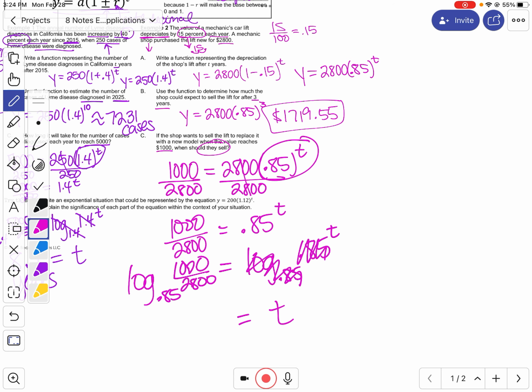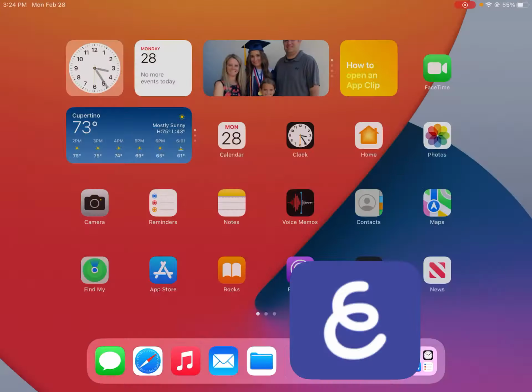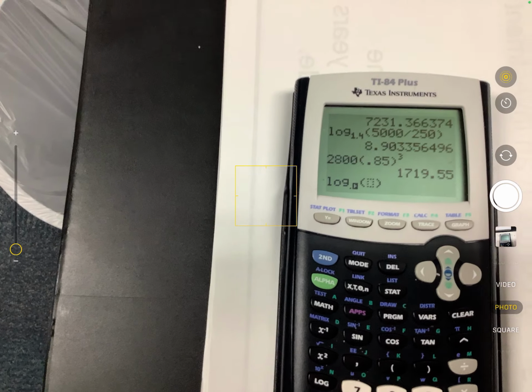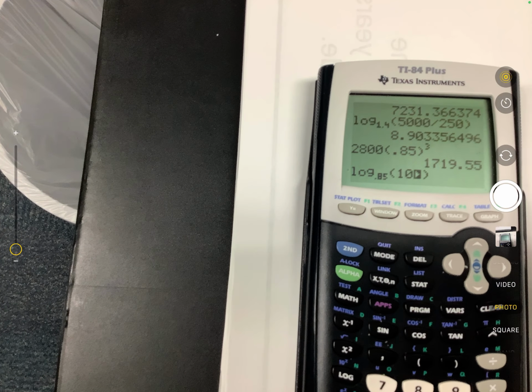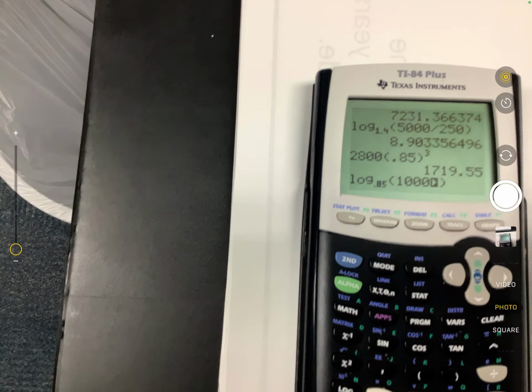So I'm using the calculator: math, log base, my base is 0.85, and then I need 1,000 divided by 2,800.